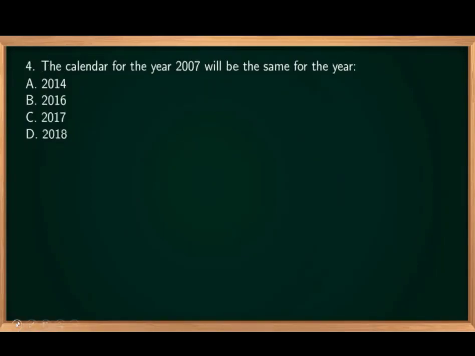The calendar for the year 2007 will be the same for the year... That means the calendar of 2007 must be equal to some other year.